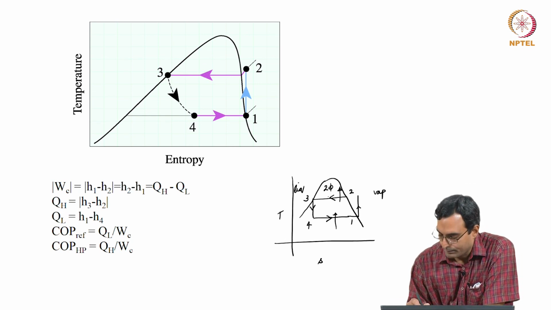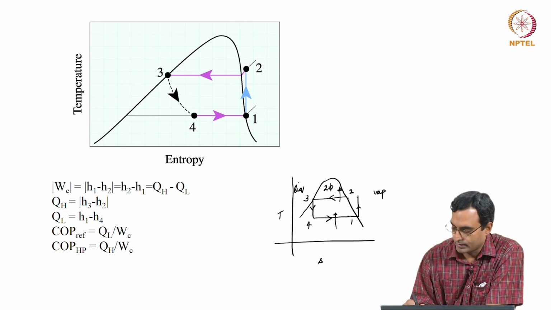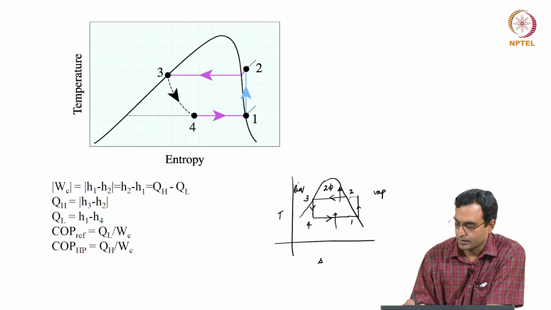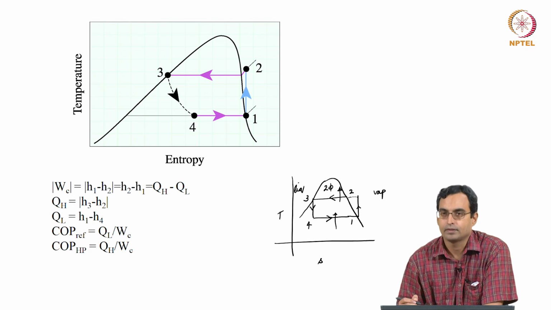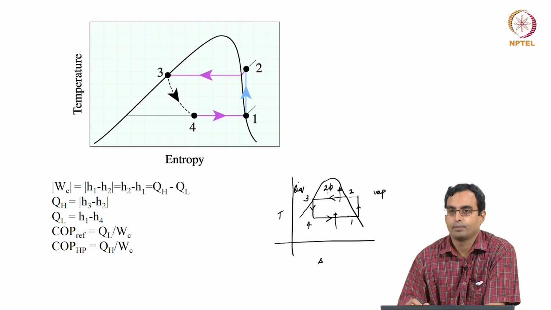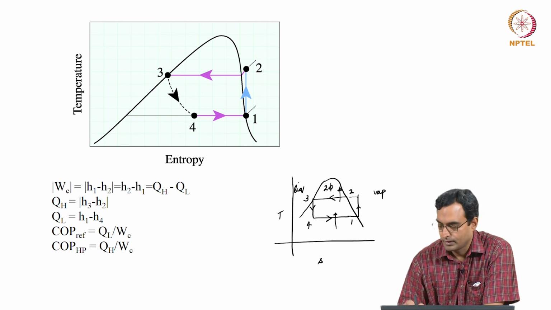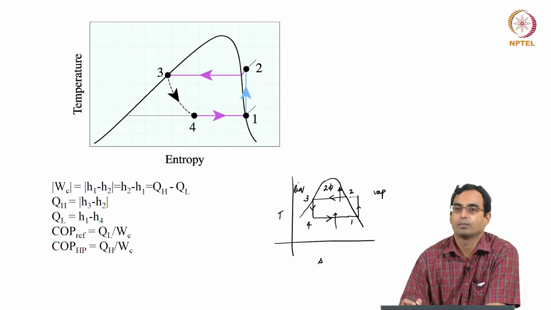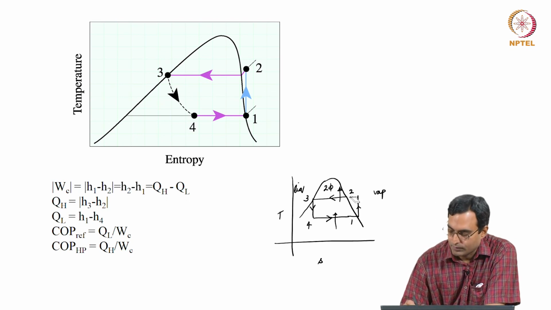So if we compress up to this temperature, 2 to 3, and if we wanted to do this, then what we would see is this portion, the dotted region, would essentially be isothermal compression. The process from 2 to 3 is isothermal, but more importantly it is constant pressure heat rejection. But this portion, the dotted portion, would be isothermal heat rejection, which is difficult to achieve. So this is not very feasible.